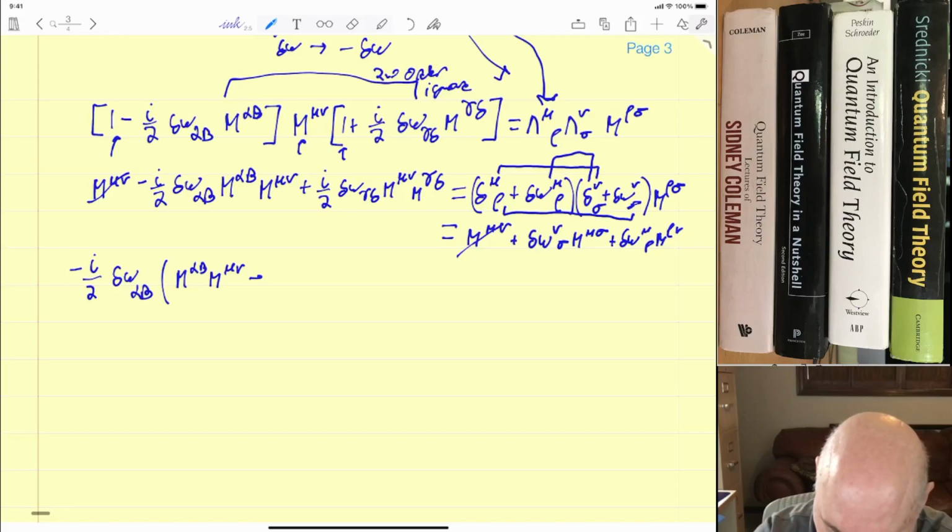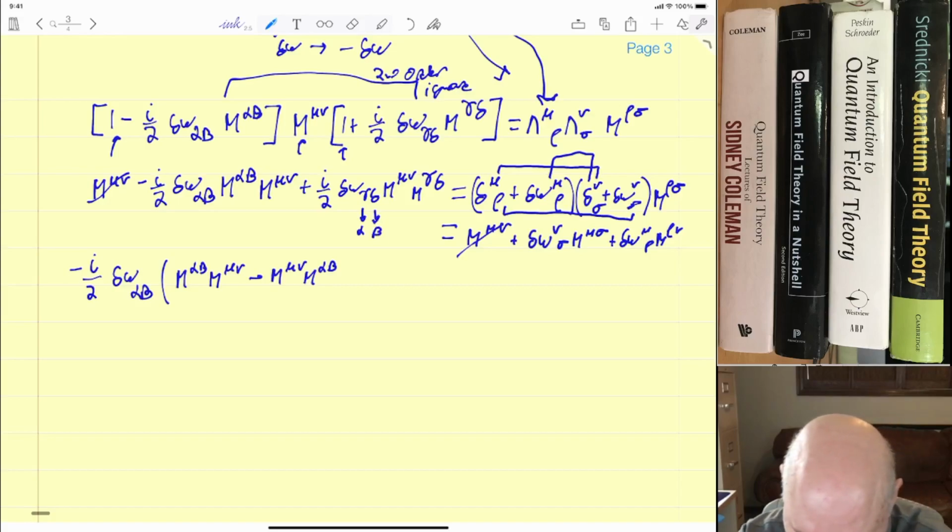And now think of renaming gamma and delta to alpha and beta. So I get minus mu nu m alpha beta. So I'm just renaming this alpha, renaming this beta.